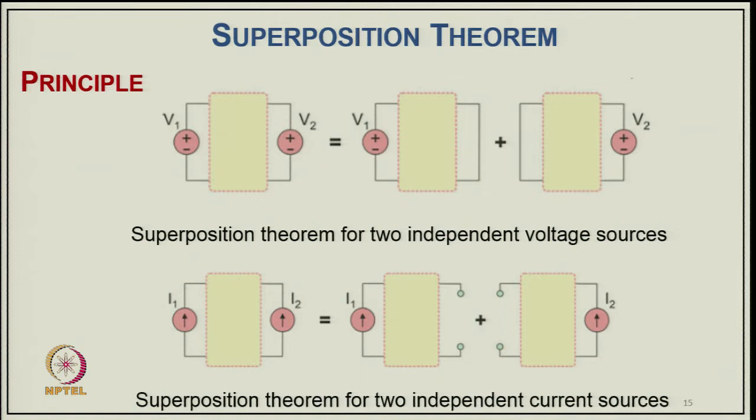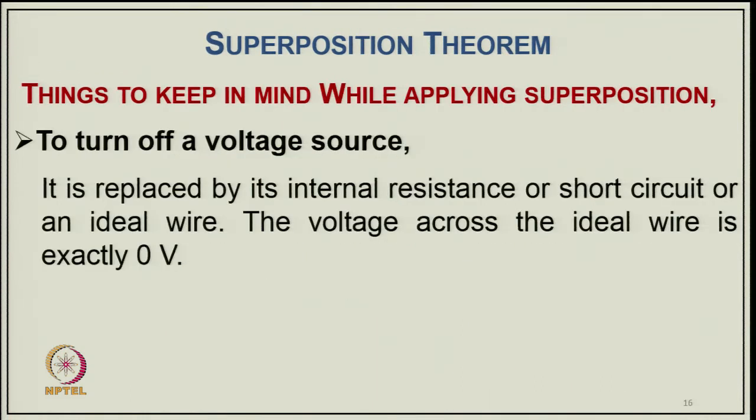Now, for superposition with two independent current sources, when you have two current sources I1 and I2 applied to a network, that is equivalent to applying the current source I1 plus applying the current source I2. So, this is the concept of the superposition theorem. We will of course discuss it in detail with examples. Now, there are two things to keep in mind while applying the superposition theorem: to turn off a voltage source.